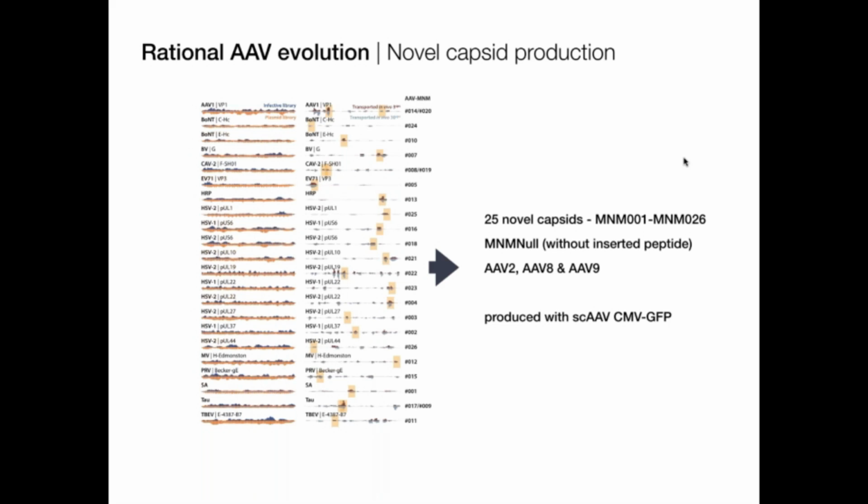We also did the M&M null, which is the empty capsid where we did not insert the peptide. And for controls, we used AAV2, AAV8 and AAV9. And these were all produced with a self-complementary AAV GFP, driven by the CMV promoter.